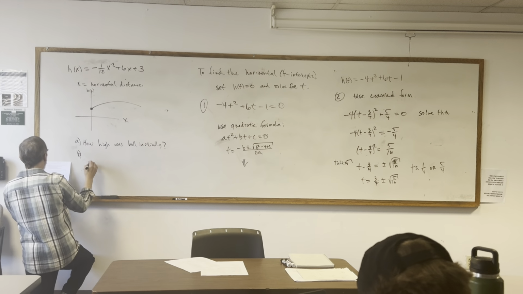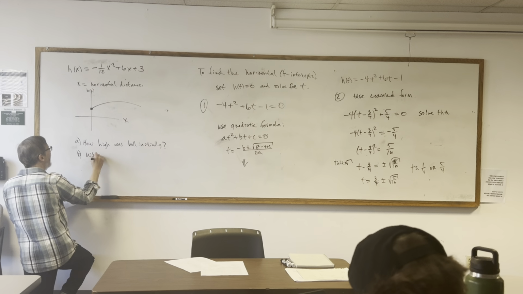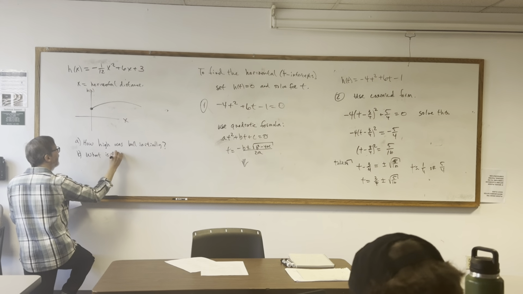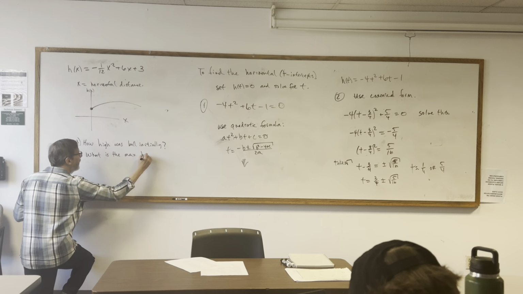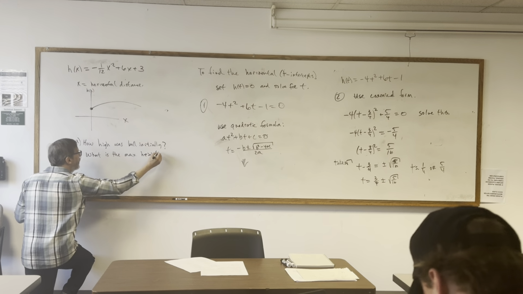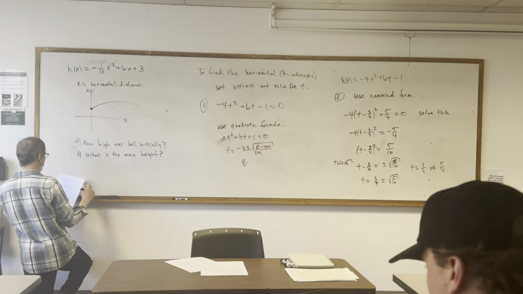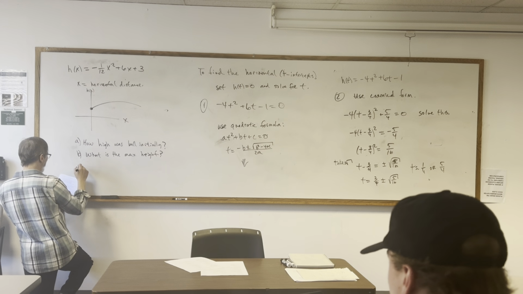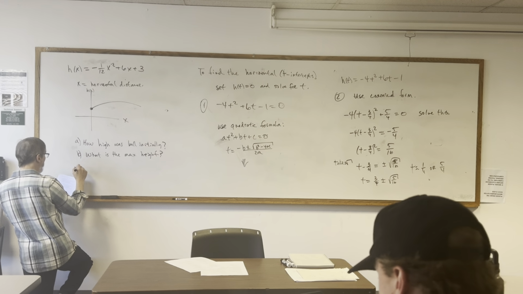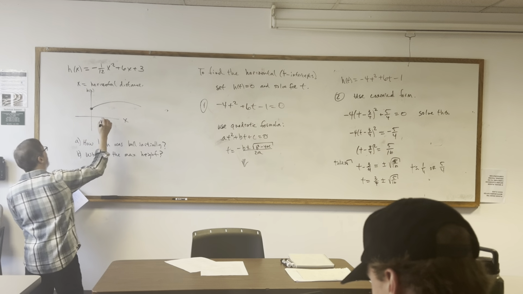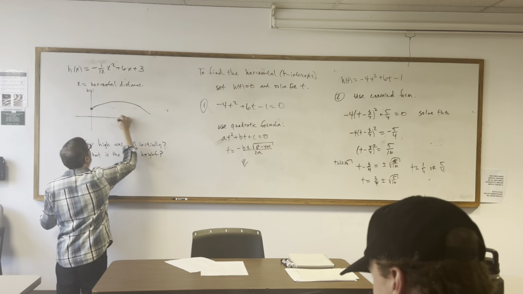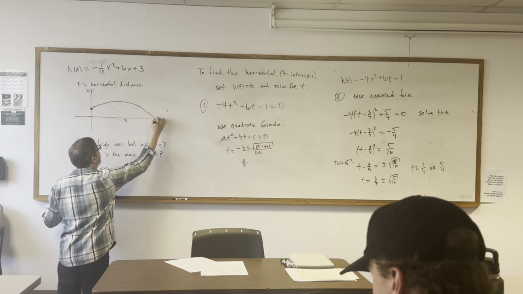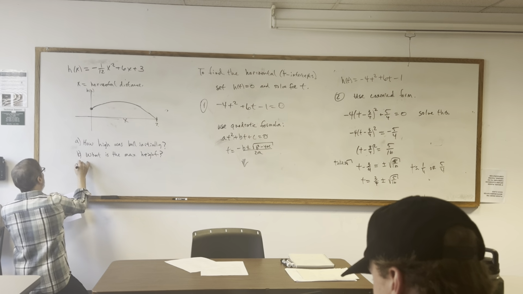Question B is, what is the maximum height of the ball? And you're gonna wanna go to canonical form for that. And how far from the thrower does the ball strike the ground? So, way out here, how far does that thing go? That's our last question.